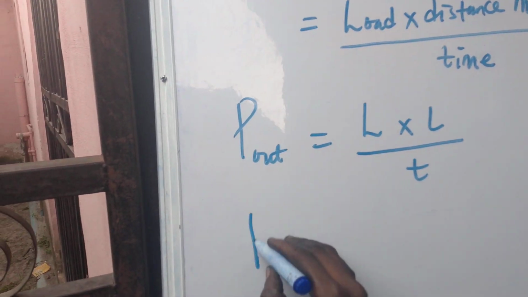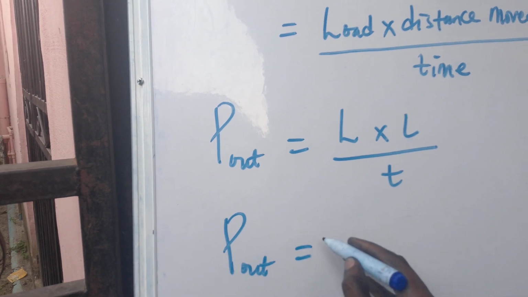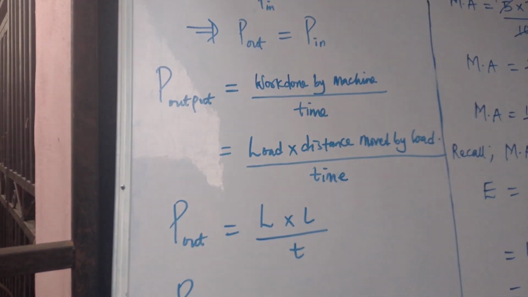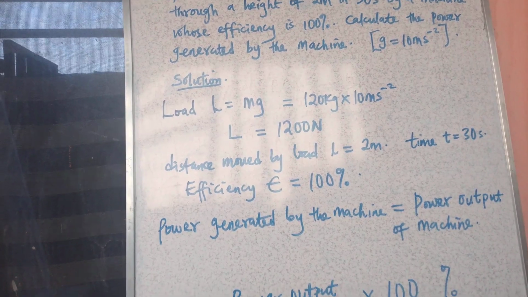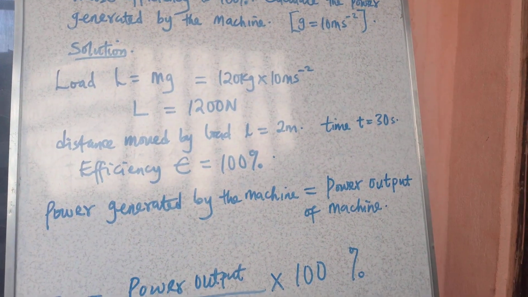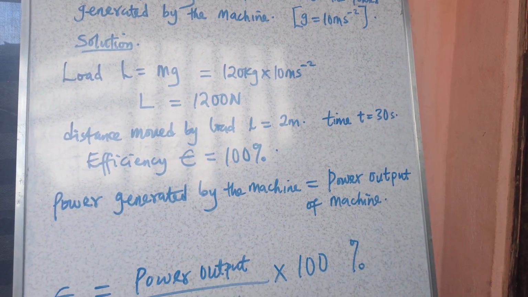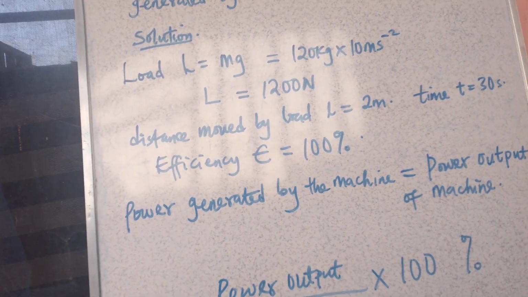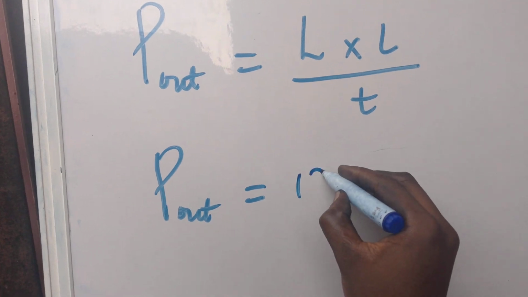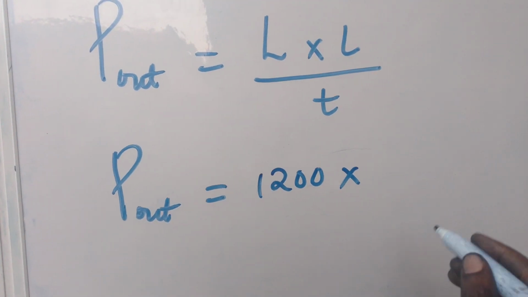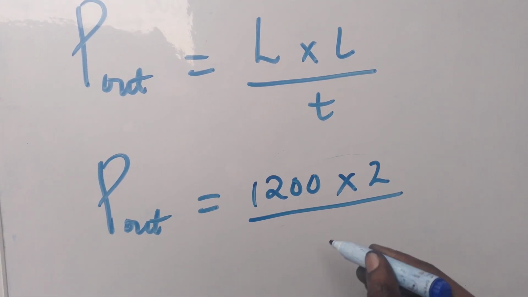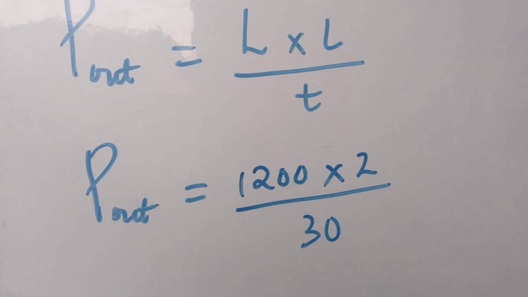t. So P output is equal to the load there. We solved and we obtained the load as 1200 Newton and the time as 30 seconds. Okay, and distance moved by load is 2 meters. Right, it's right there on the board. Distance moved by load is 2 meters. So this now will be 1200 multiplied by 2 divided by the time, which is 30 seconds.